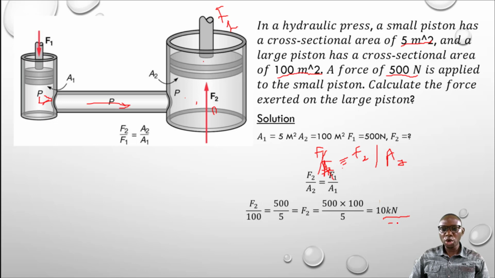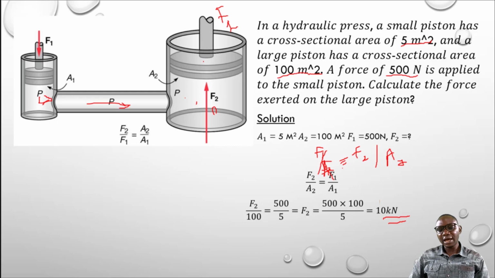So that is the weight that the force of 500 Newton will lift using this process. You can see how it applies now, that you use small force to pump your hydraulic jack and it is lifting a heavy weight. So that is the principle that is at play.